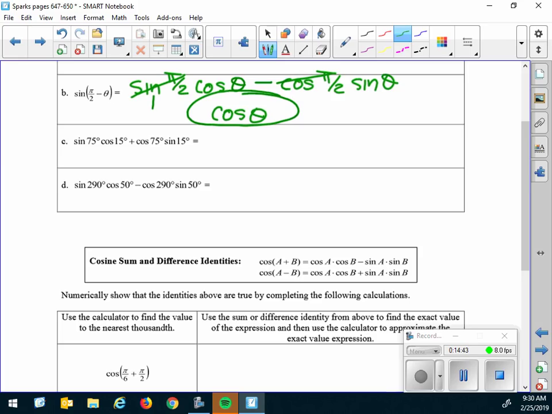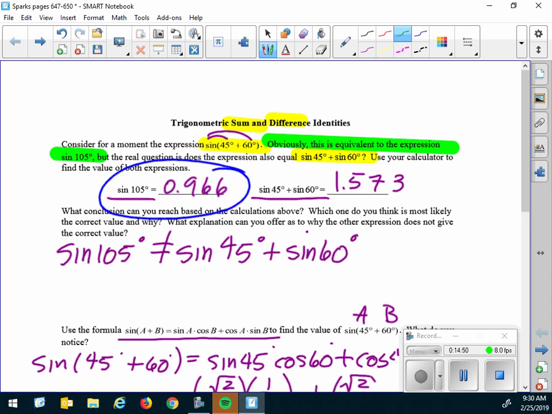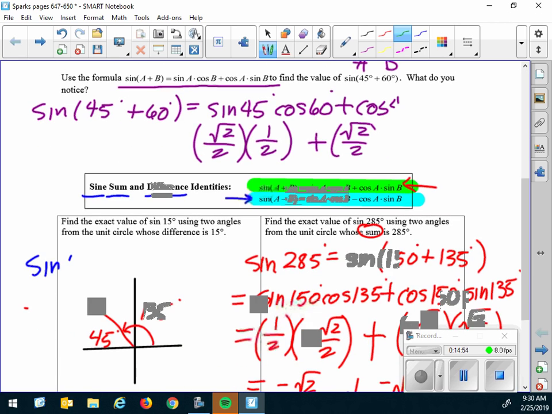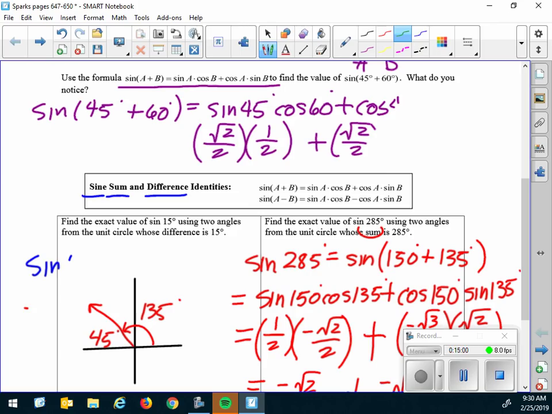That's kind of cool. Now look at these last two. If you'll notice, they go backwards. The last two here, we are given this, and we need to go backwards to this.